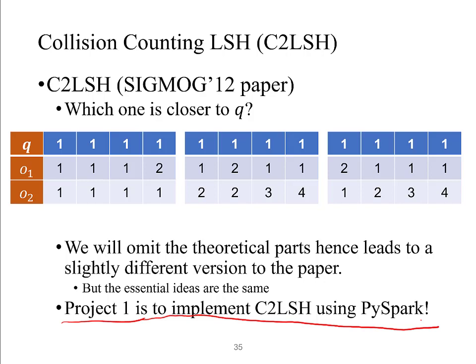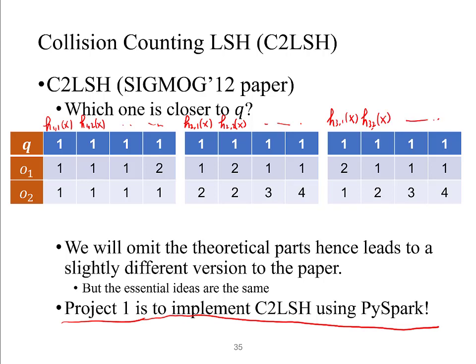Make your own guess: which one is closer to Q? Let's say the numbers are just the hash values. These are h11(x), h12(x), and so on, h21(x), h22(x), h31(x), h32(x), and so on.